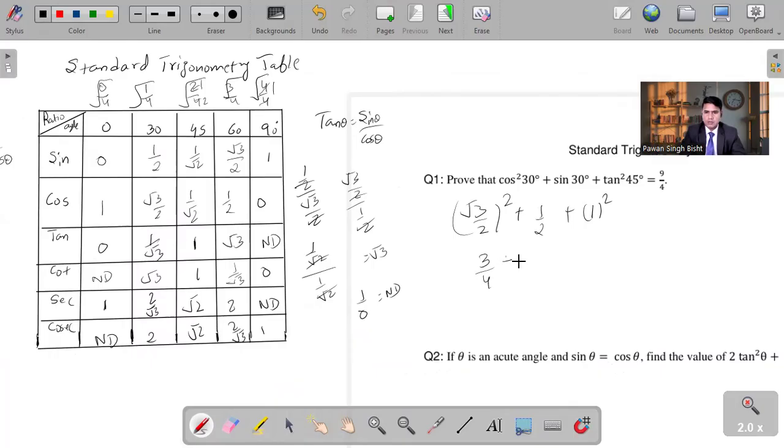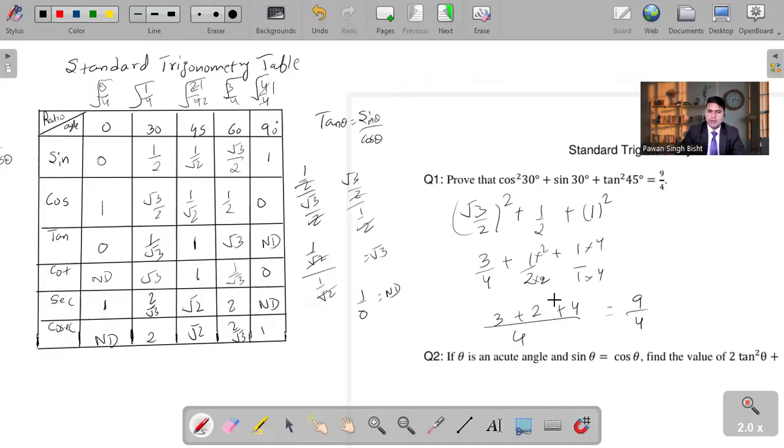So 3 upon 4 plus 1 upon 2 plus 1. Now to make the denominator the same, we multiply by 2 here and by 4 here. So 3 plus 2 plus 4 is 9 upon 4. So this is what we had to prove, 9 over 4.